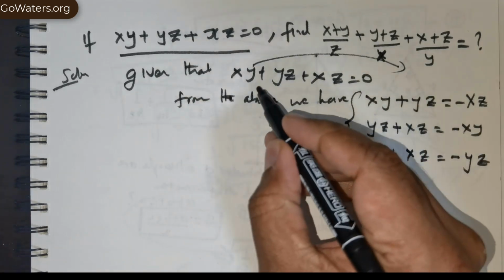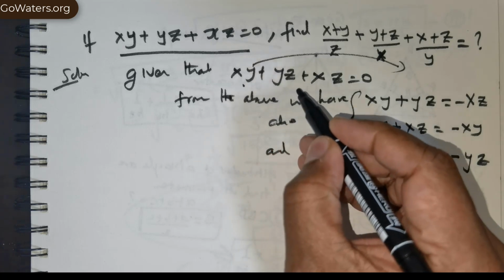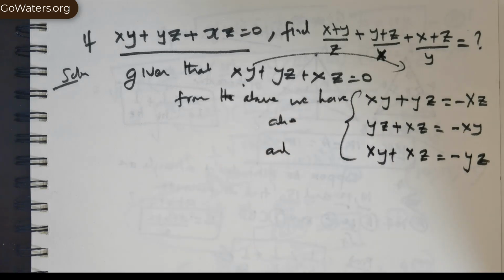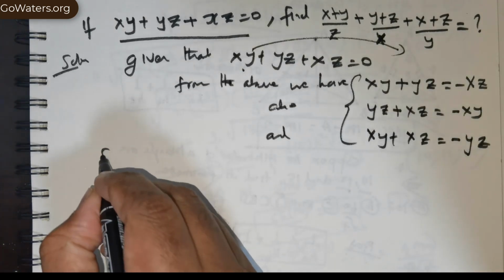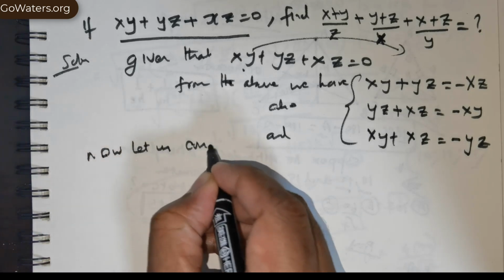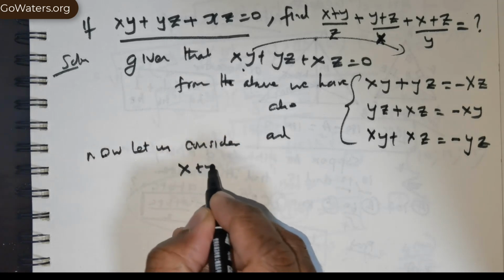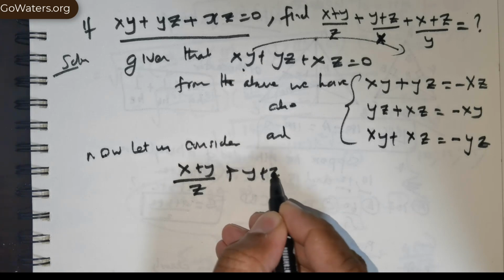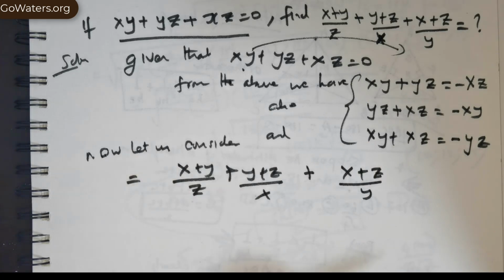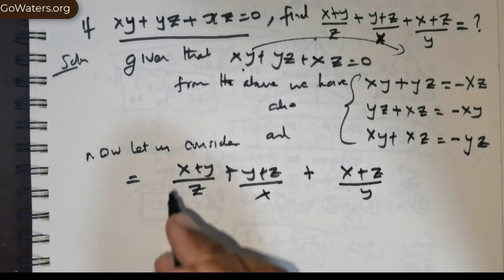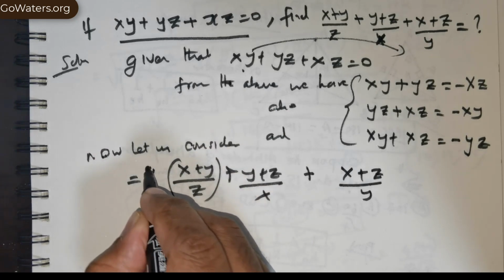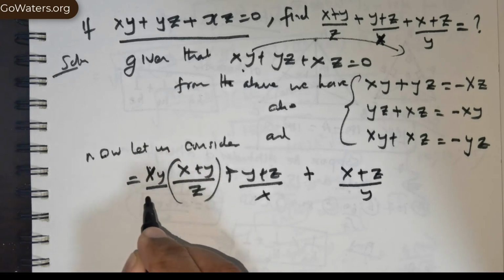Why is it possible? Because we've been given that xy + yz + zx, or xz, is equal to 0. Having got that, let us consider the given question: x/z + y/x + z/y. Now I would like to multiply the first term by xy and divide it by xy.